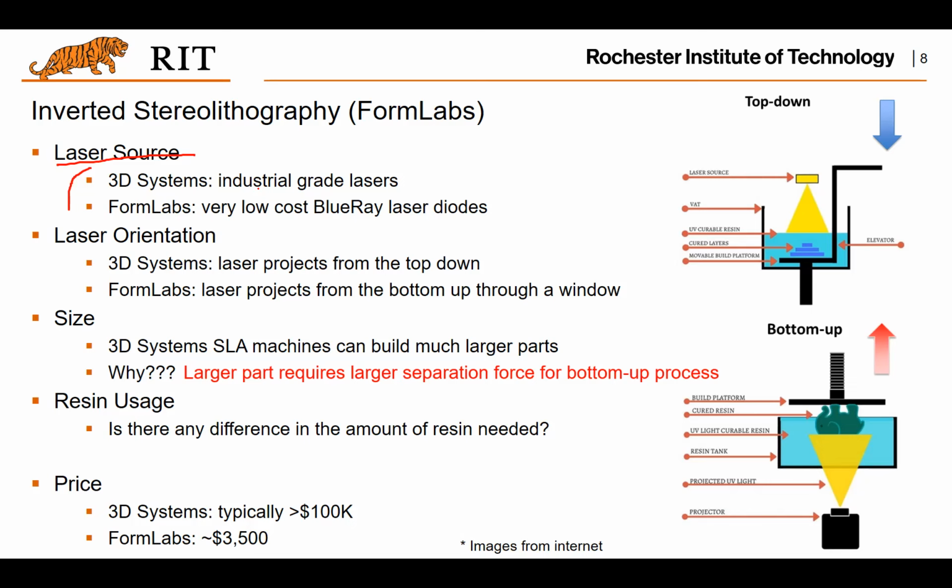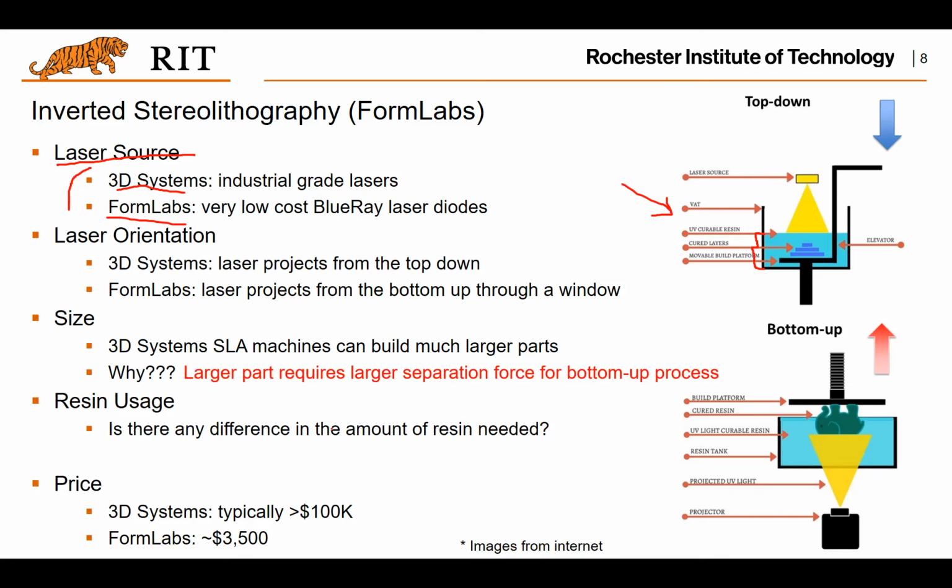But it has advantages in terms of resin usage. Why? Because just imagine if you have the same part to be built using 3D Systems or Formlabs. For the 3D Systems machine, you need a full tank of material, whose depth is at least equivalent to the height of the part, or even larger, right?